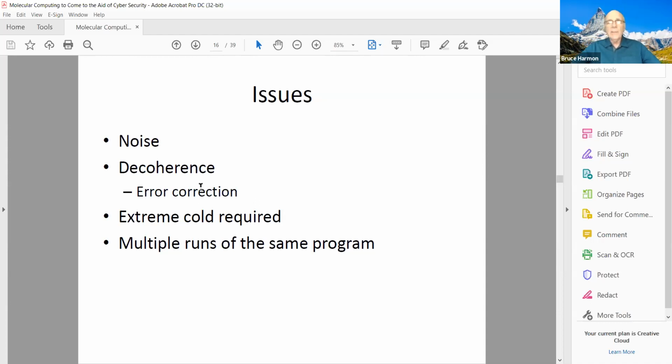So what is done in response is that there are error correction routines put into place to mitigate against the decoherence problem. So you do that and you run multiple times. We also know that state of the art requires extreme cold, and we know that they are working to improve that.